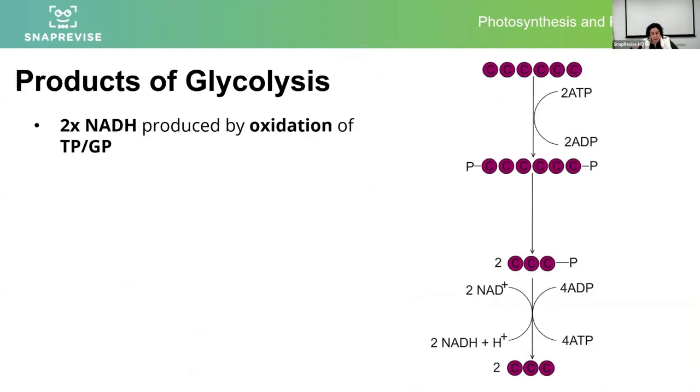What are the final products of glycolysis? And this is quite a common thing that you might be asked. So first of all, I'm going to try and use different colors here as well for you guys. First of all, we have the 2 NADH, otherwise known as the reduced form of NAD.